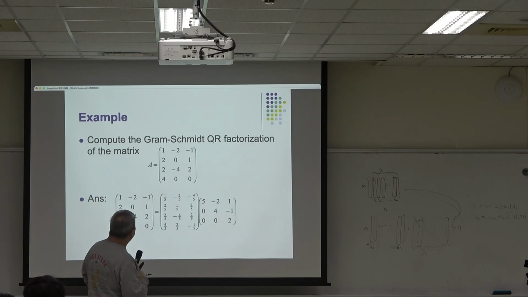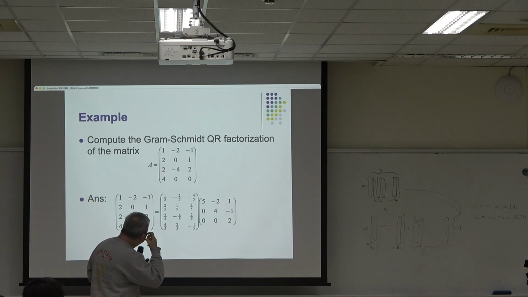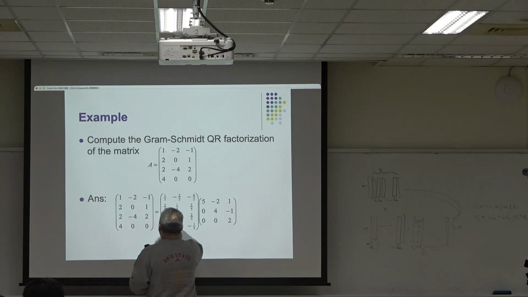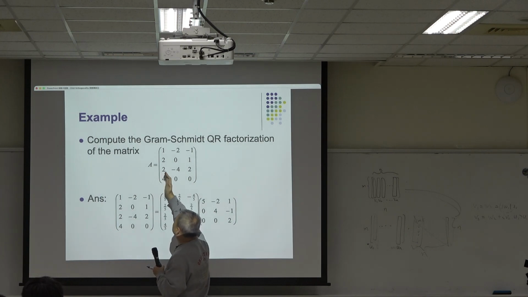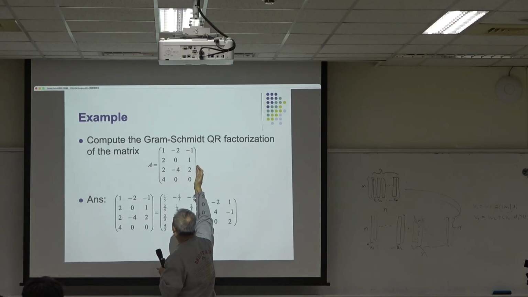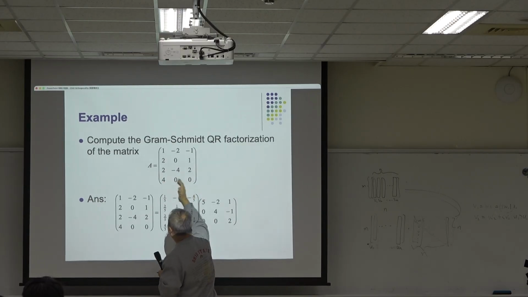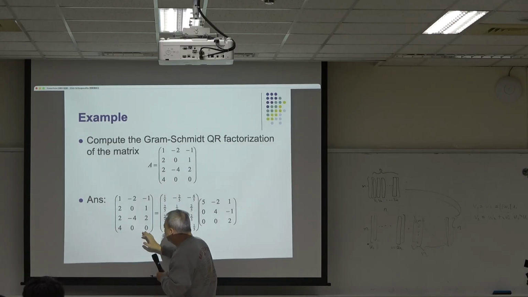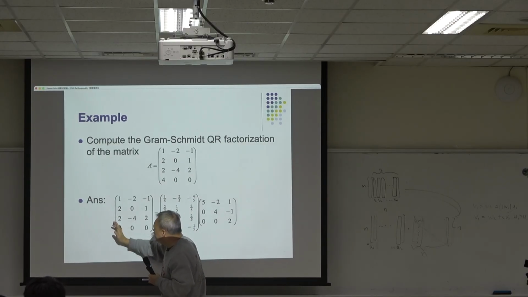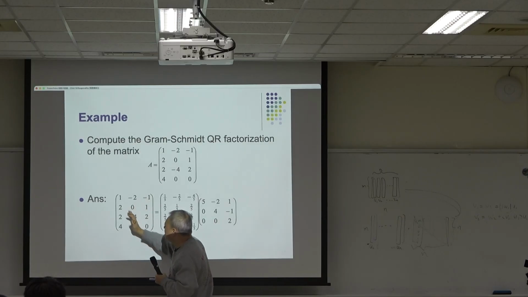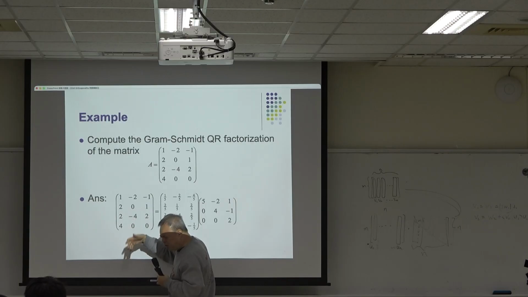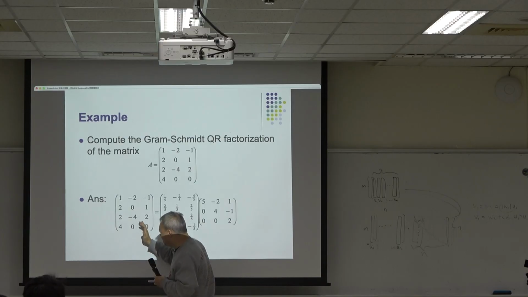So we want to do this Gram-Schmidt QR factorization. You will find that we want to do this: 1, 2, 2, 4; negative 2, 0, negative 4, 0; and negative 1, 1, 2, 0. So we have these three vectors. What you are doing is applying the Gram-Schmidt process on these three vectors.